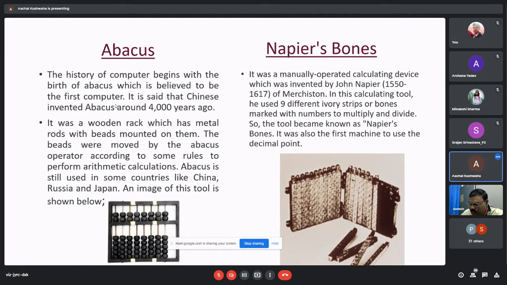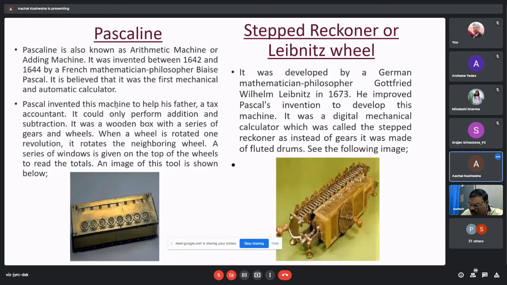Then in 1550, Sir John Napier introduced Napier's bones. It used nine different ivory strips of bones, which were marked with numbers to multiply and divide. It was the first machine to use decimal points. Then in 1642, Sir Pascal introduced the Pascaline.